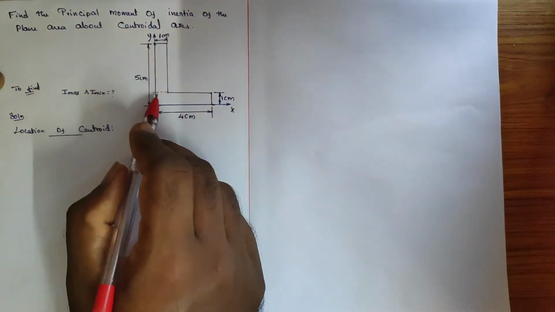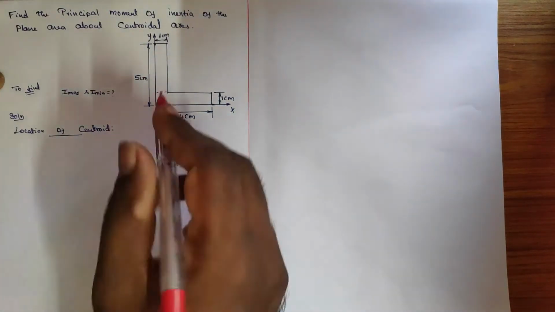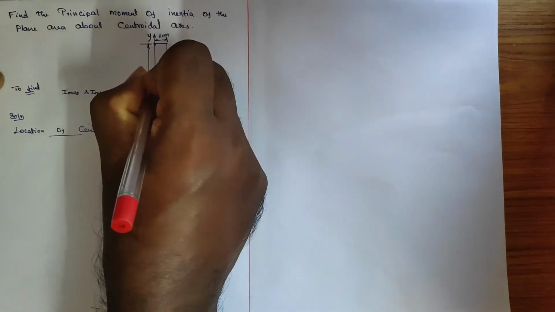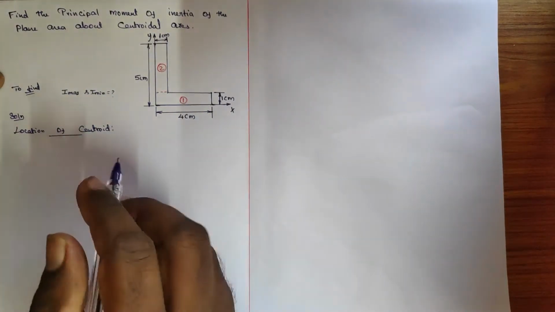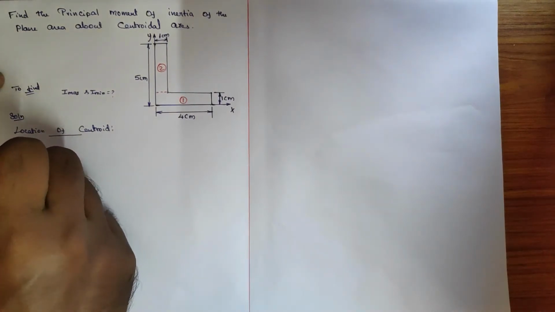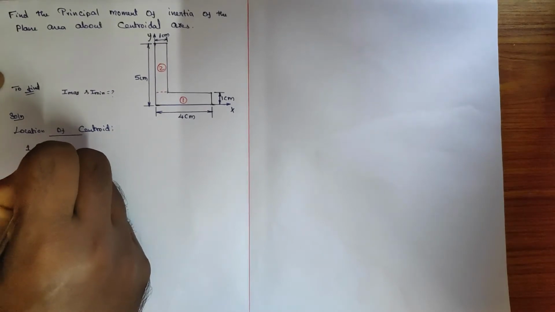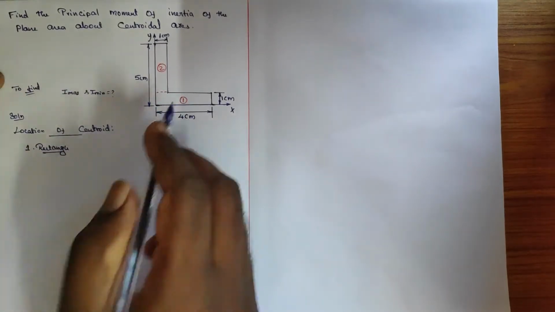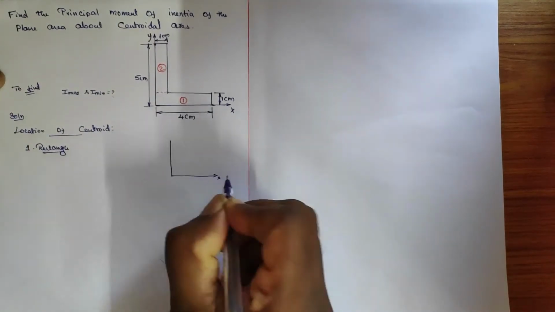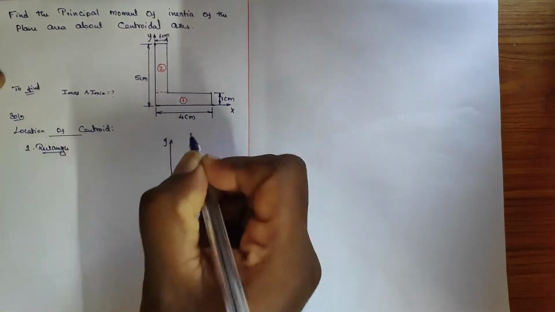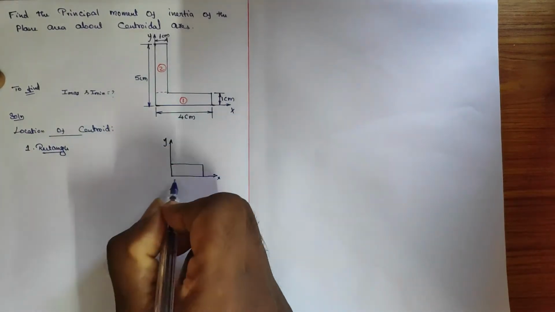Okay, if I divide it, I can say this is one rectangle and this is another rectangle, so that I can say this is the first part and this is the second component. Fine. So let us start with the first component, 1, which is a rectangle, and we can identify its self-centroid. I am going to draw the diagram of it, positioned exactly where it is in the previous one.